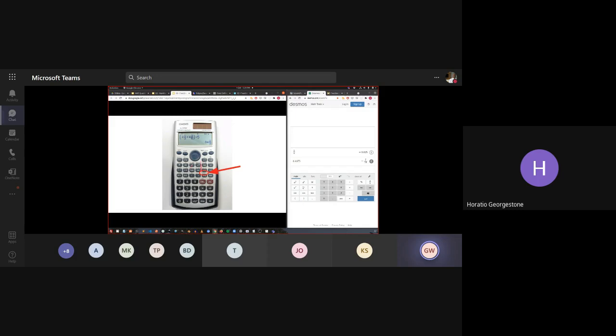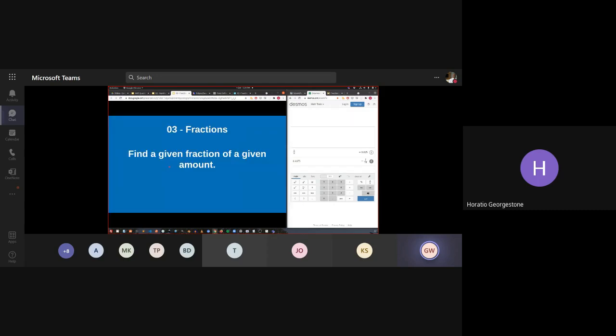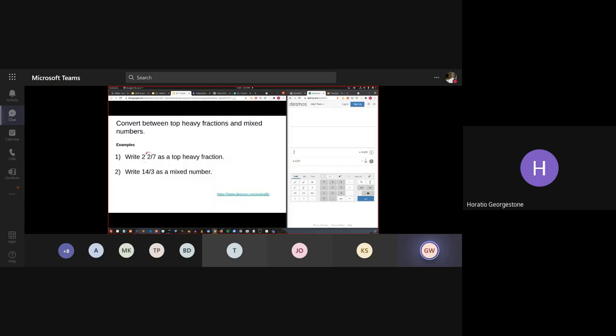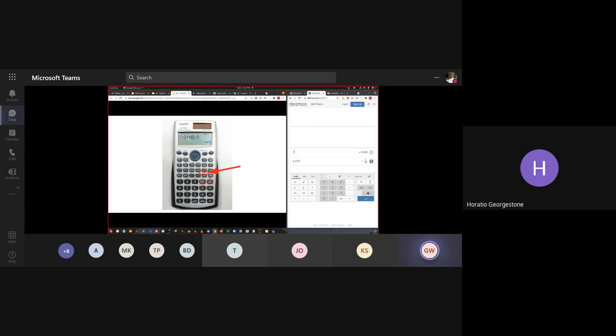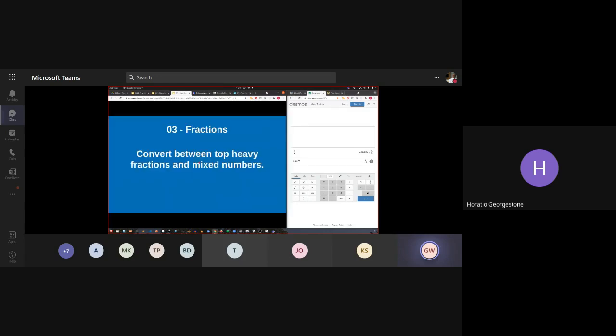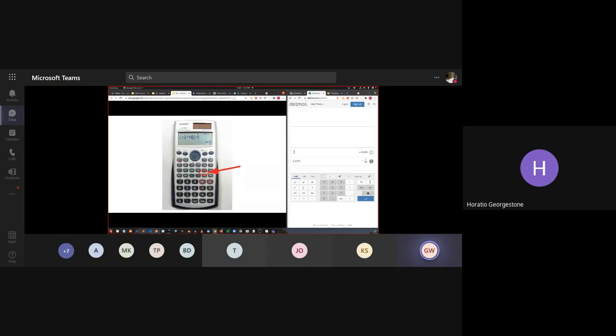So all you have to do is input your, so let's say 2 and 2/7. Oh, you also need to be able to type in 2 and 2/7 if that's what you want to do. So for that, if you look above the fraction button, it's actually got a little representation of a mixed number.